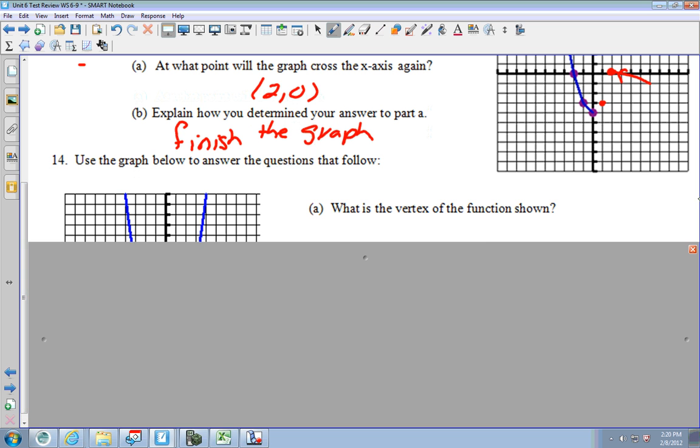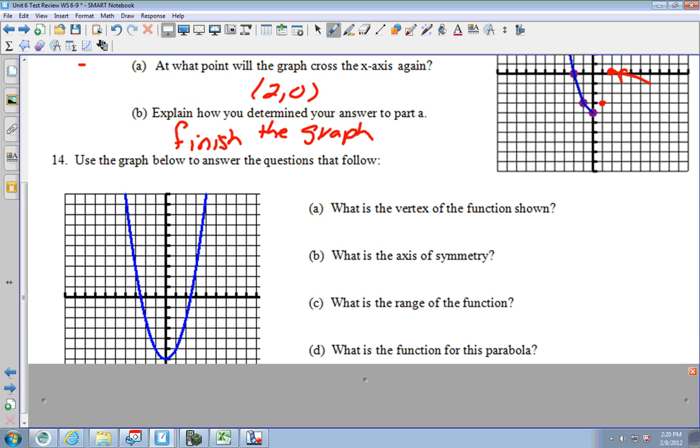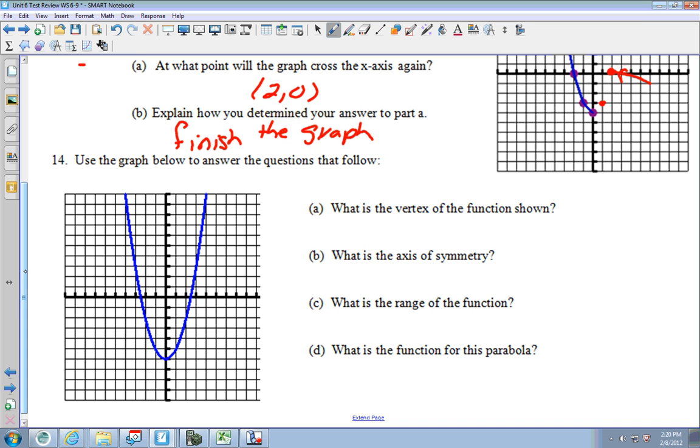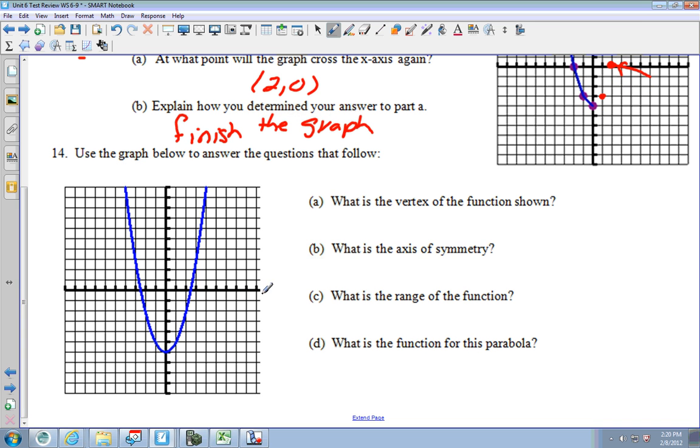Next. What is the vertex of the function shown below? Vertex is a point where the parabola changes direction. Down here, I have (0, -6). The axis of symmetry, the line where the parabola folds in half, is right here.